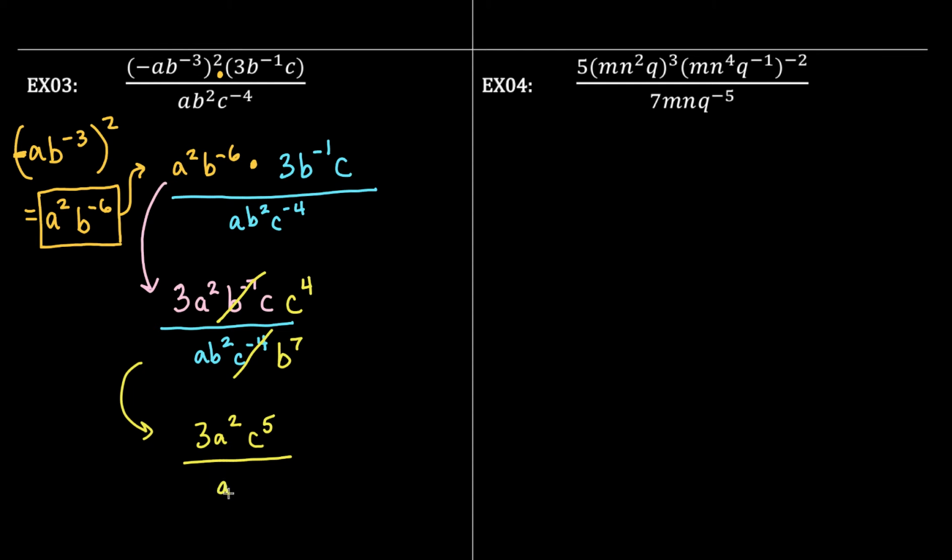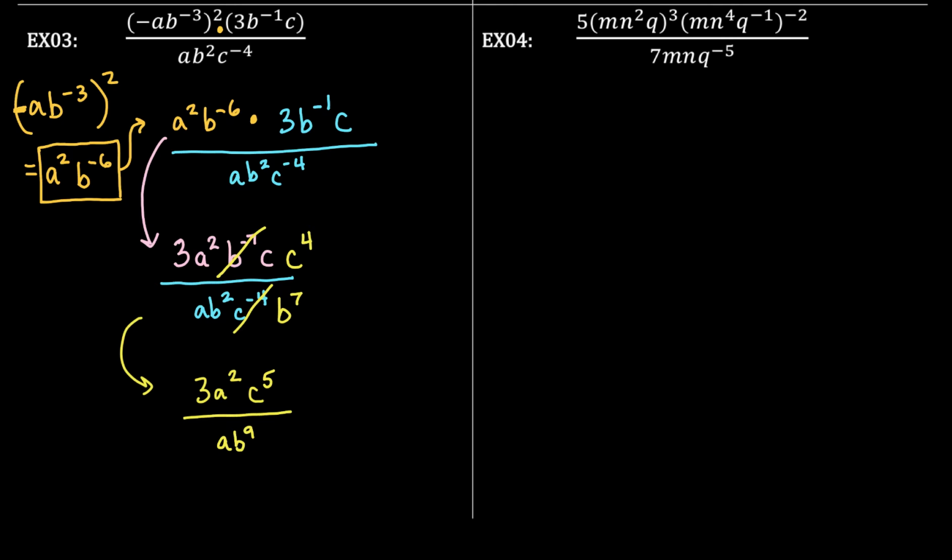So that's a, b to the ninth. I think we're going to need a little bit more space. And then this becomes 3. There's 2 a's on top, 1 a on bottom, 1 left over. There's 9 b's on the bottom, there's none up top, so there's 9 b's down there. And then there's 5 c's on top, none on bottom.